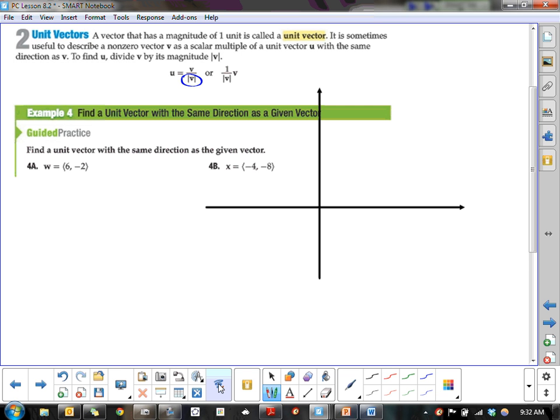So we want to take and find the unit vector. That means we have to find vector x divided by the magnitude of vector x. If it's in component form, it couldn't be easier. It's 16 plus 64. 16 plus 64 is 80. So it's going to be 1 over the square root of 80 times vector x.